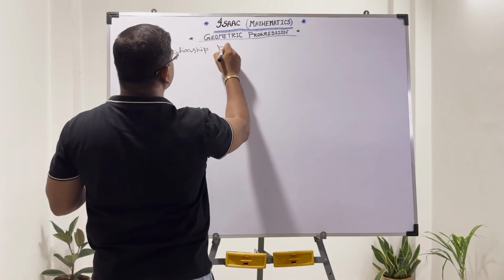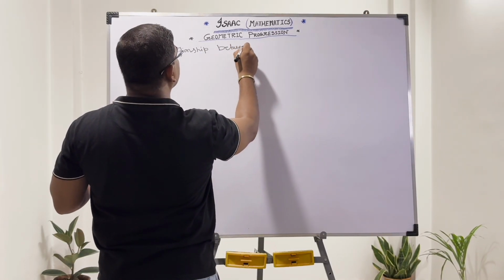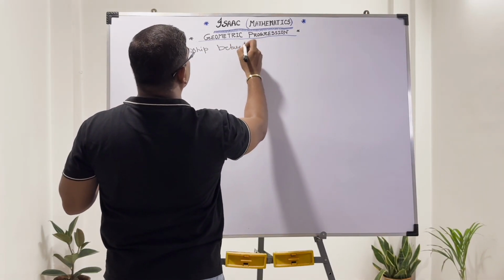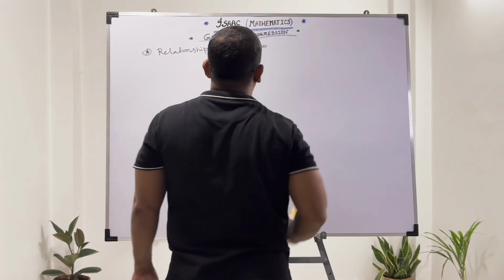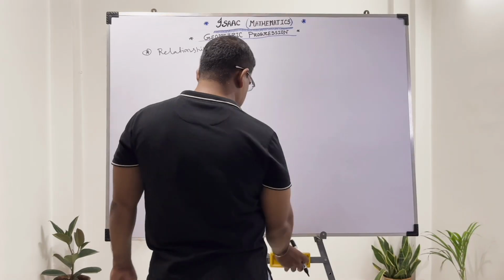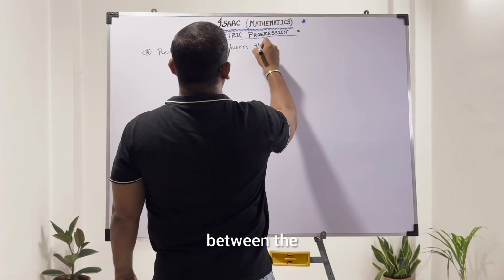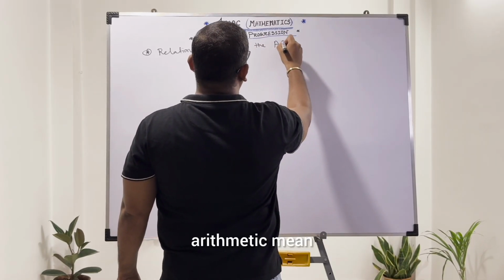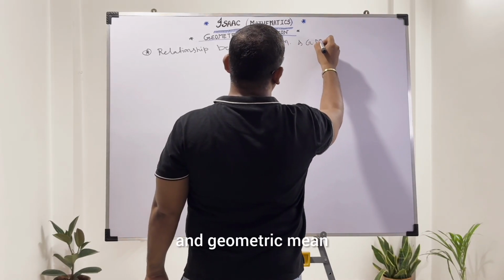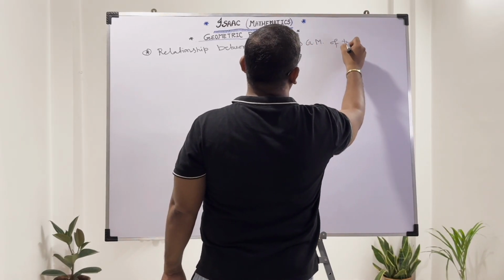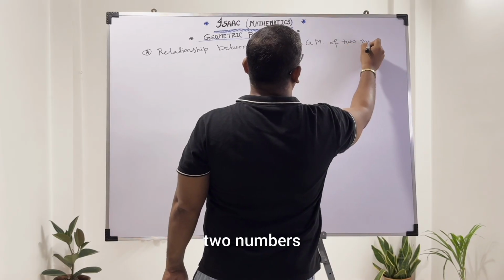Relationship between the arithmetic mean and geometric mean of two numbers.